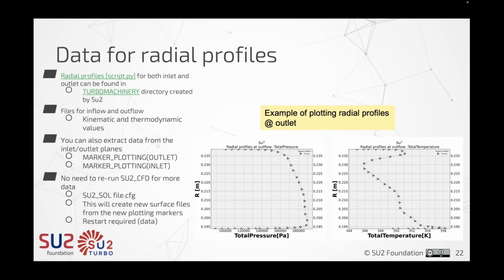With JST I was not successful. I couldn't get past very much, so I stuck with Roe and with the monotonic limiters.